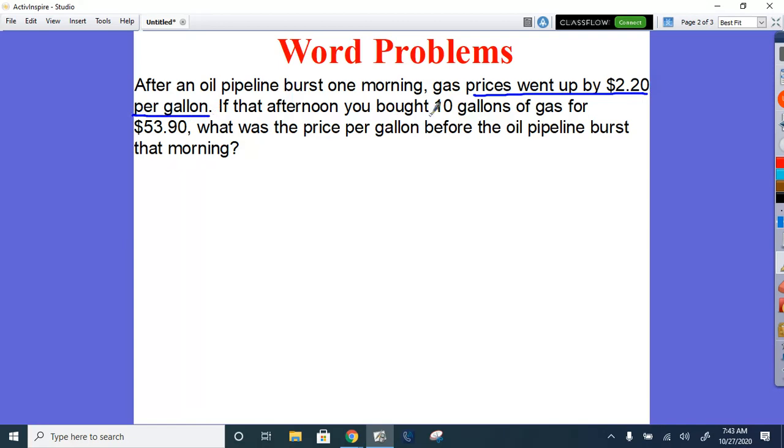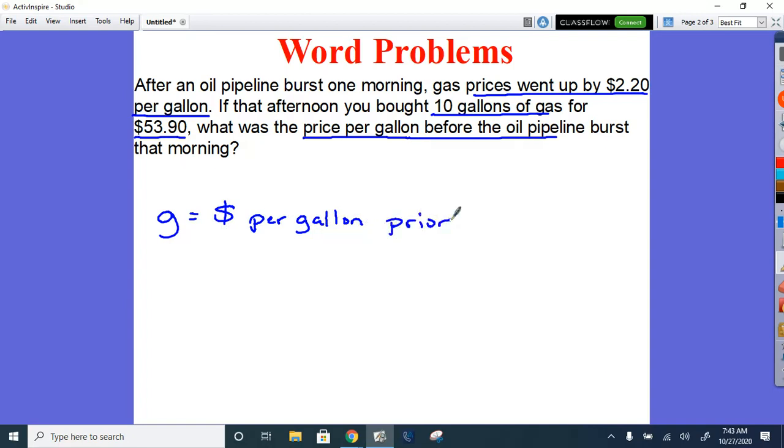If that afternoon you bought 10 gallons of gas for $53.90, we want to know what was the price per gallon before the pipeline burst. So our variable here, G, is going to be the cost per gallon prior to the burst. So we want to be very specific there.